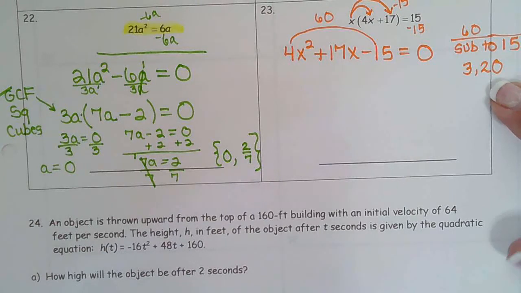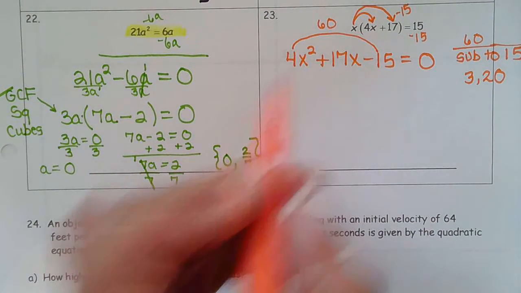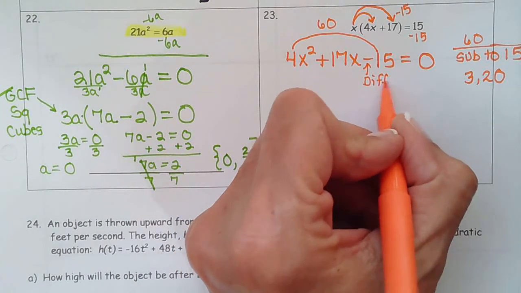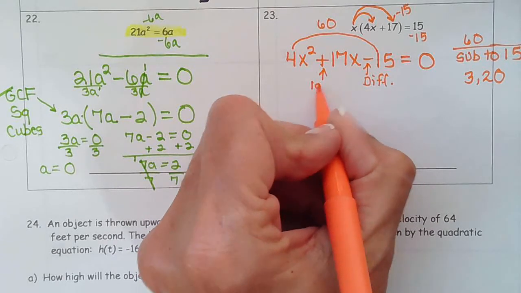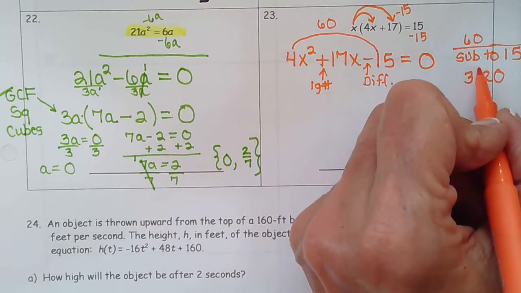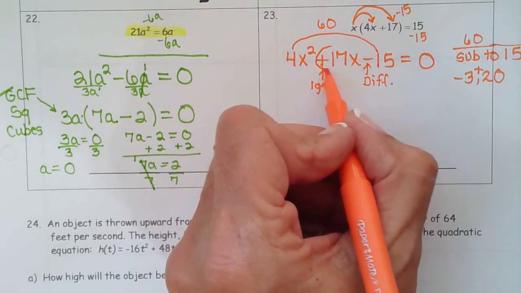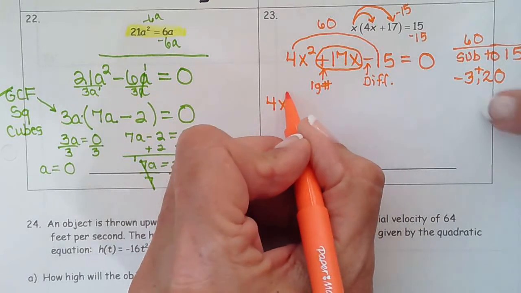No, but 3 and 20. Bingo! That subtracts to 17. This says the signs will be different. This says the largest one is plus. So go over here and make the larger number plus, the smaller one minus. So now we're going to take this out and replace it with these two.